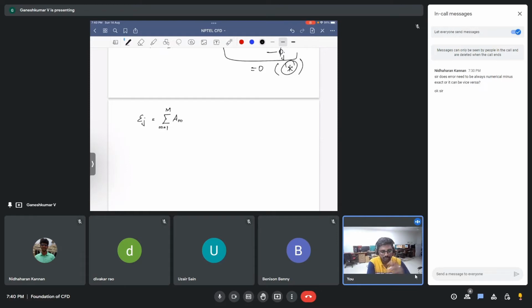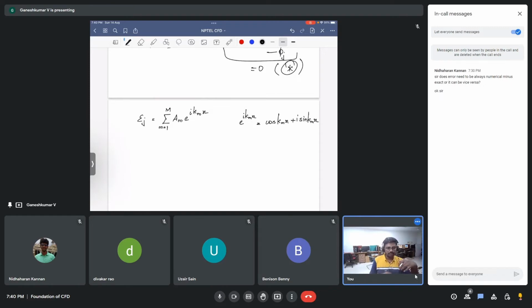This M is not equal to the number of nodes. Let me be clear there, and this we can write as e power i k_m x. We know that e power i k_m x is nothing but cos k_m x plus i sin k_m x. So with cos and sine terms, and with imaginary numbers, you can represent any signal, like a square wave, any signal in terms of a Fourier series.